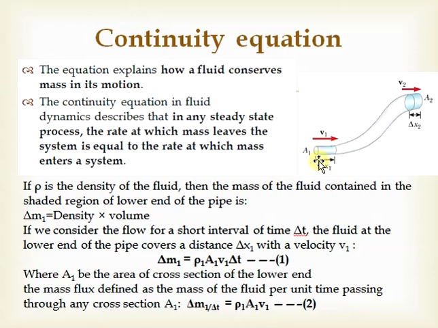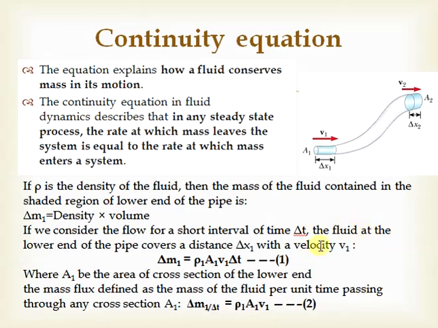So what is the volume here? Let delta x1 be the length along this region and A1 the cross-sectional area, so that the volume occupied by this region will be A1 times delta x1. We are considering the flow for a short interval of time delta t.